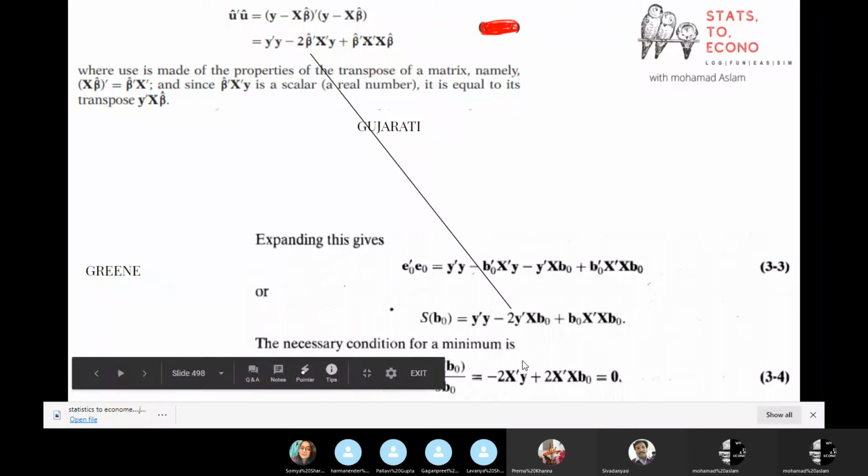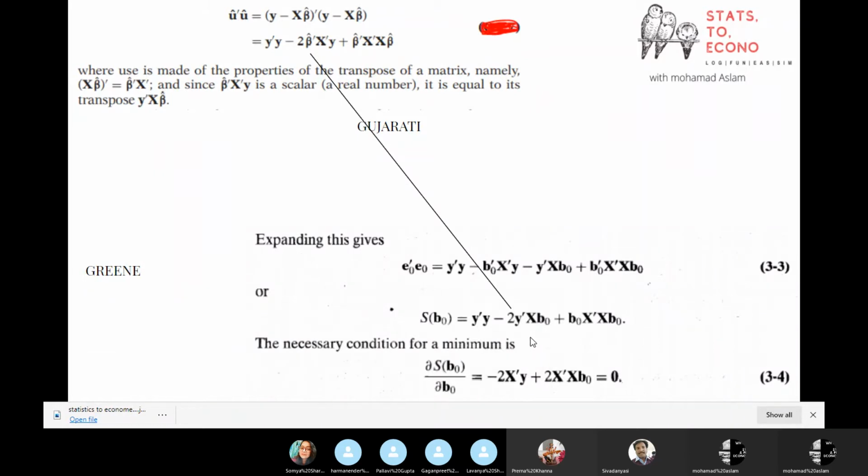Let's suppose you have this y transpose x here, then the dimension is 1 into n, and x is n into k, then you will be left with 1 into k. So that's not the requirement here.